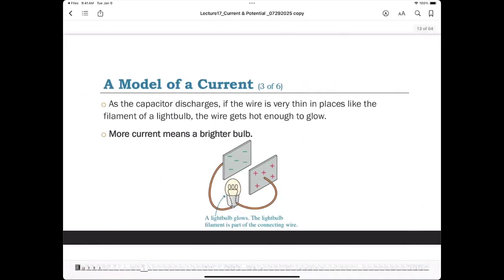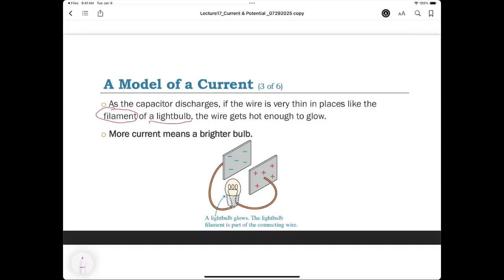As a capacitor discharges, if the wire is very thin in places, like the filament of a light bulb, you can see there. If you observe a light bulb, there are filaments inside it, and this filament is very thin.